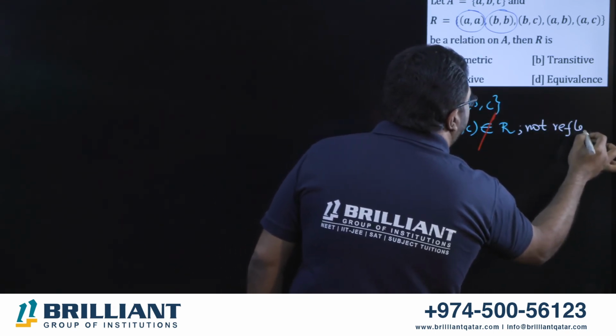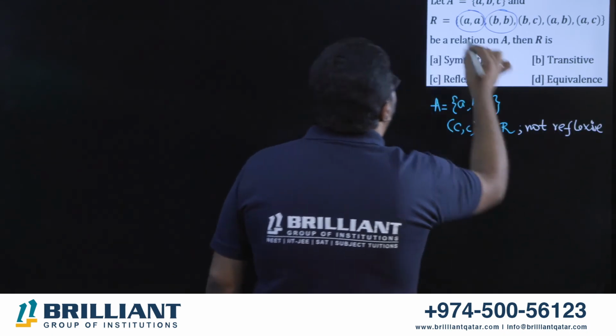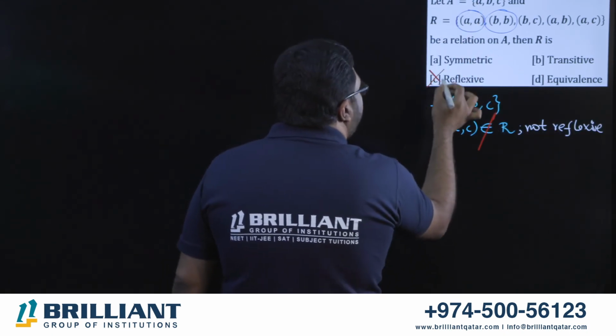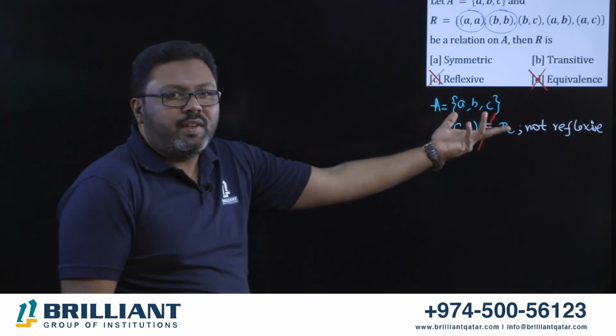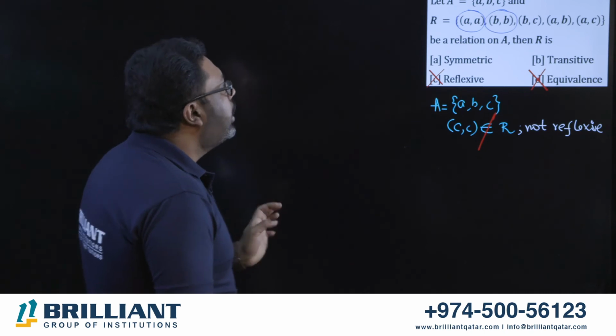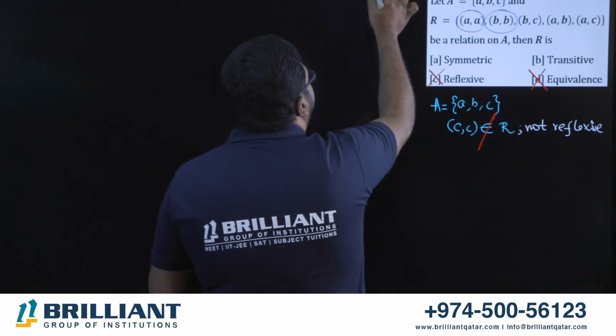So if it is not reflexive, I can obviously reject two options. I can reject option C. I can reject option D, because option D is equivalence. If it is not reflexive, it cannot be equivalence also. What about symmetric? Let's see.